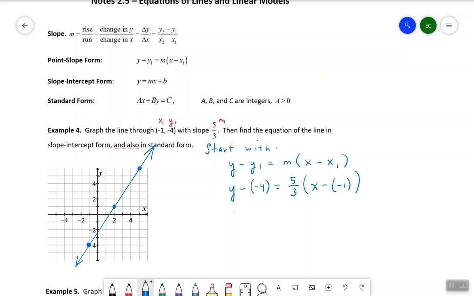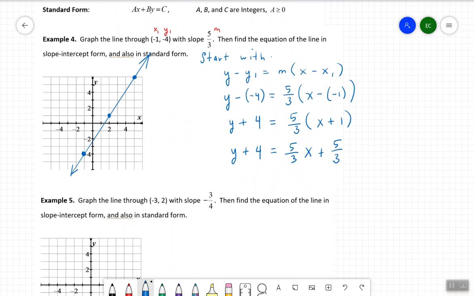And then we can go ahead and simplify this a little bit. This is 5/3 times the quantity x plus 1. I'll just show an extra step to be careful there. And then we can distribute the 5/3 on the right side and get 5/3 x plus 5/3.